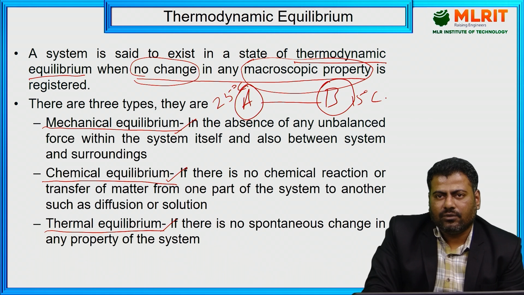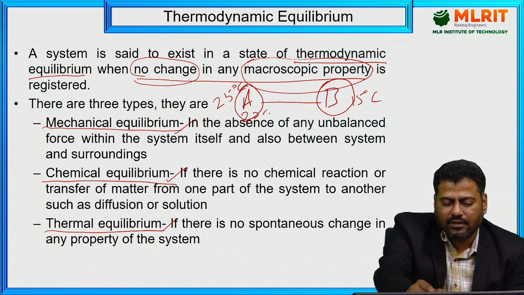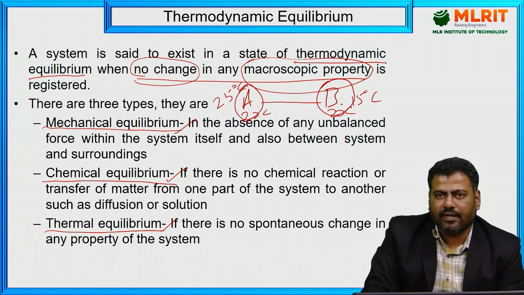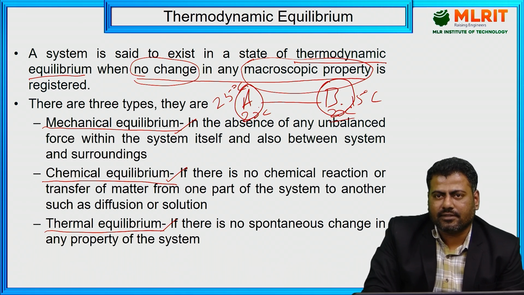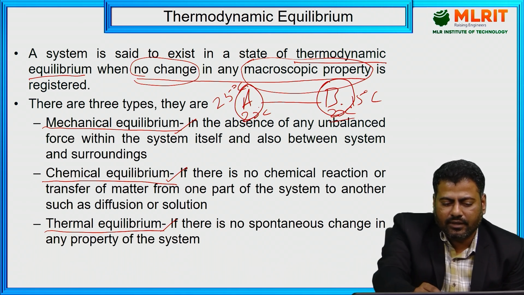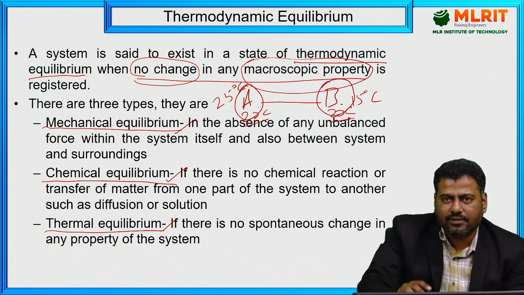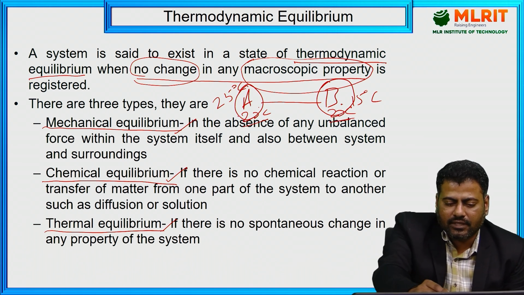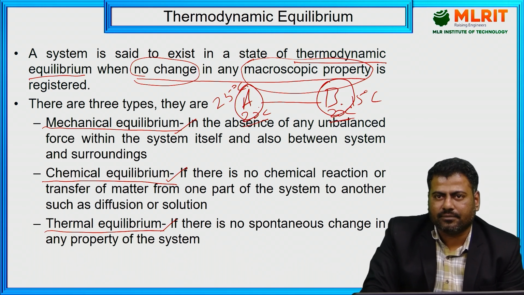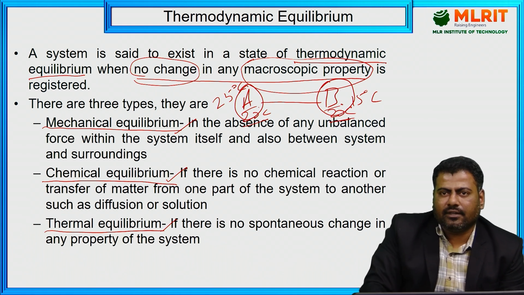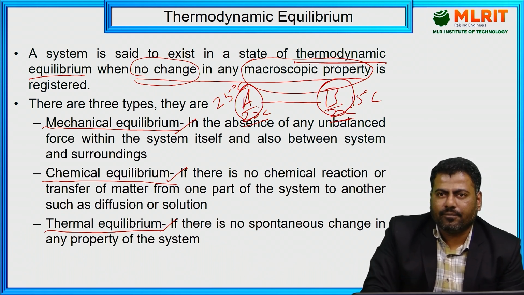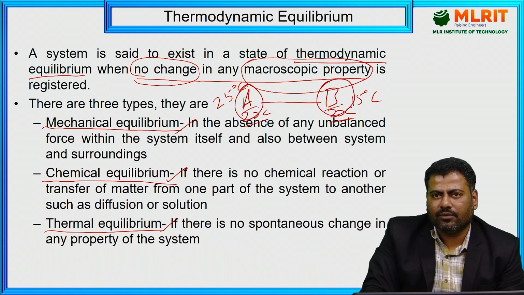When system A reaches 20 degrees Celsius, system B also gains energy, so its temperature increases and reaches 20 degrees Celsius. Now both A and B are at 20 degrees Celsius, and there is no change in the macroscopic property, that is, the temperature. Then we can say both system A and system B reach thermodynamic equilibrium. This is a simple example of thermal equilibrium.